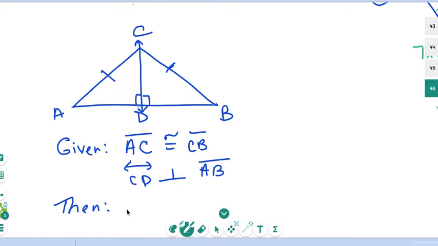So then we can say AD is congruent to DB because it's perpendicular, and if the two lines are equal distance from that point, it's a bisector. So that would make these congruent.